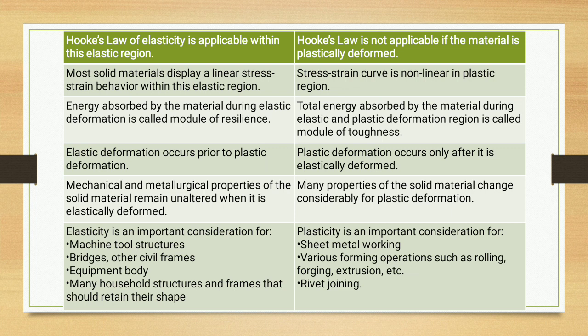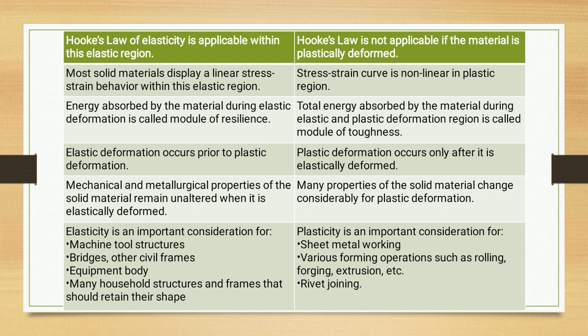Mechanical and metallurgical properties of the solid material remain unaltered, or unchanged, when it is elastically deformed. But in the case of plasticity, many properties of the solid material change considerably due to plastic deformation.